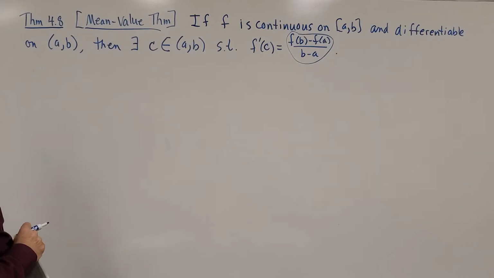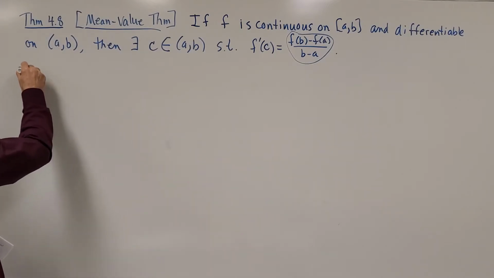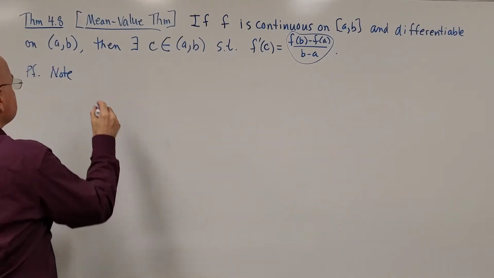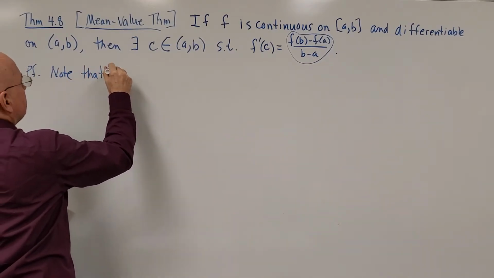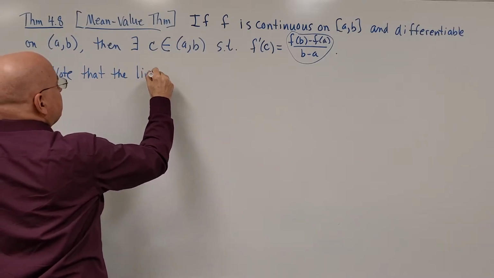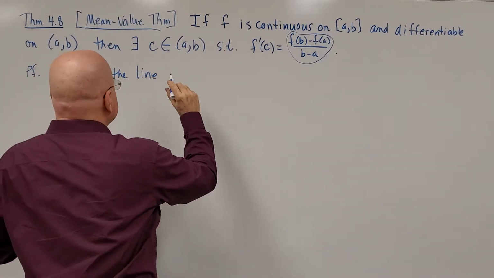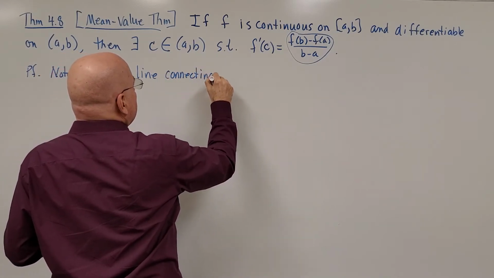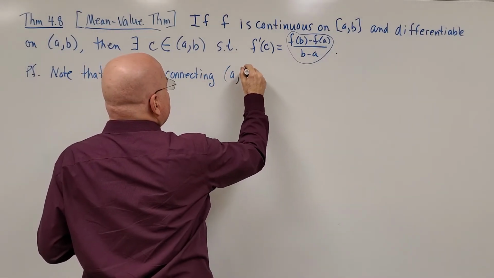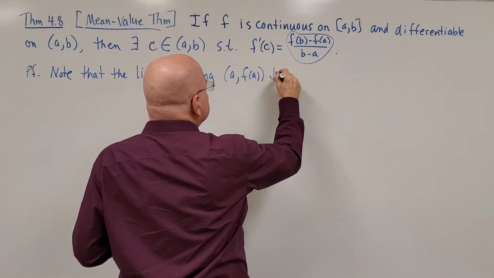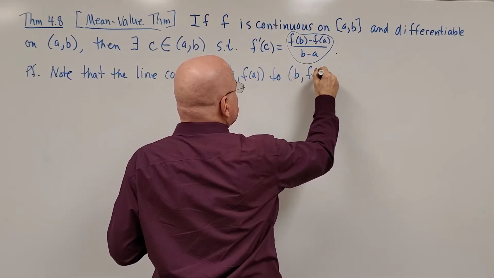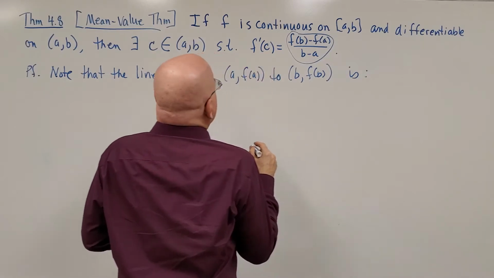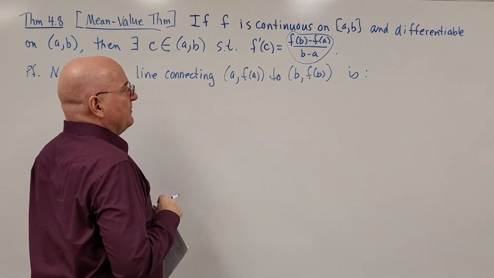All right, well, let's get the equation of that line. Let's hit proof. First off, we're just going to notice that the line connecting (a, f of a) to (b, f of b) is, okay, we're going to use the point-slope formula.